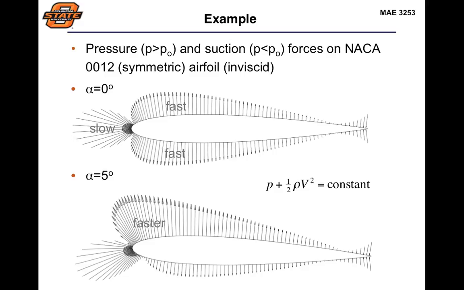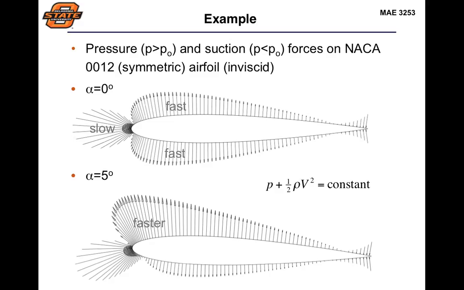We have a maximum pressure location somewhere about the quarter chord location, and then that quickly drops off as you proceed towards the trailing edge of the airfoil. Notice that you do have a stagnation region near the leading edge, so you actually have a little bit of a pressure increase there.